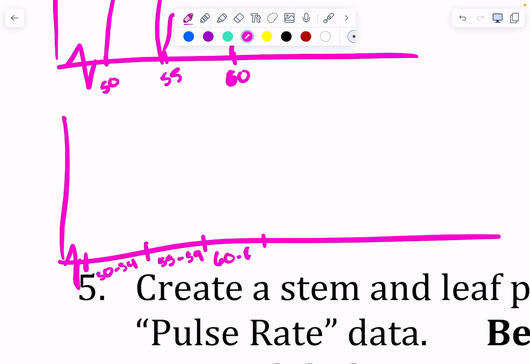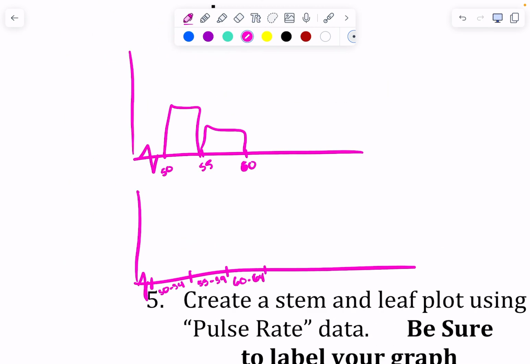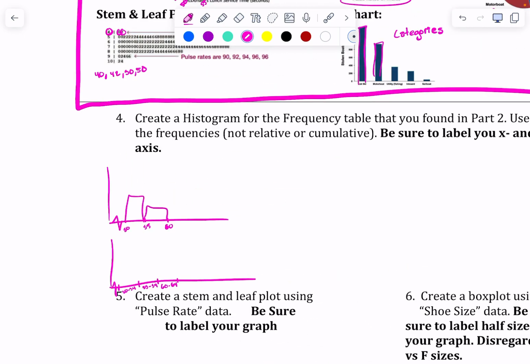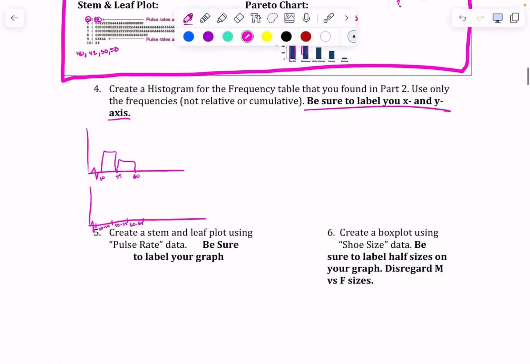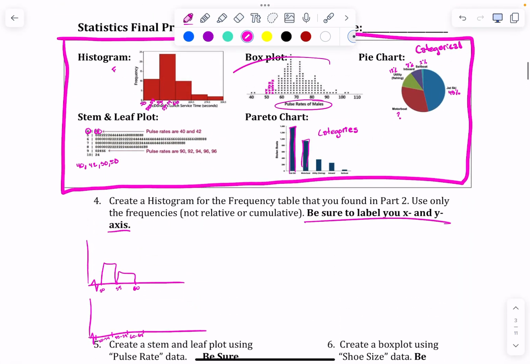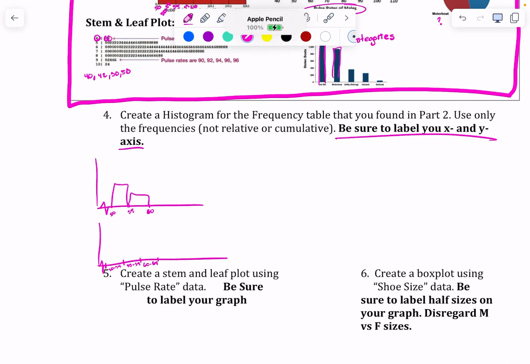Do you see how that works? I am not going to be picky about that, because with either one I can see what you're trying to say. But be sure to label your X and Y, anything that's in bold. Label your graph. I should be able to look at it and see exactly what we're talking about.